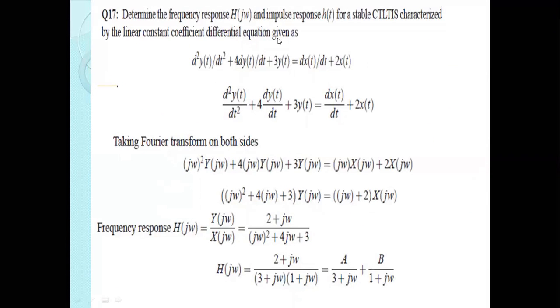Next, if it is in terms of a linear constant coefficient differential equation. The given function is a linear constant coefficient differential equation.